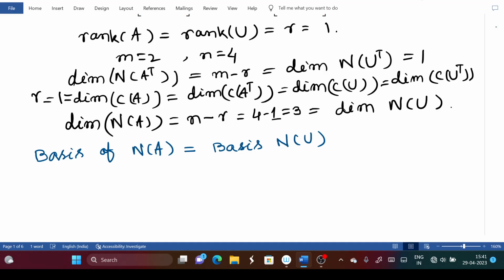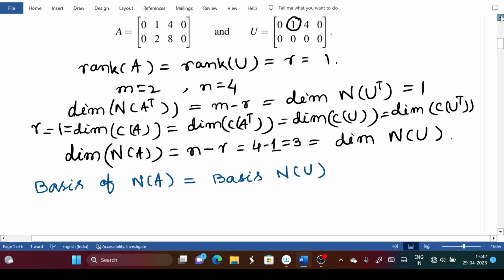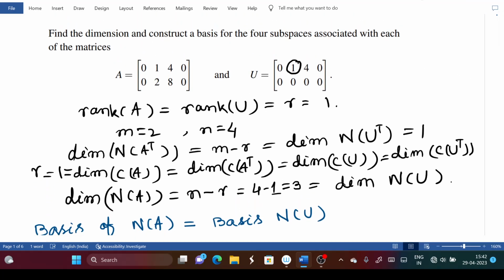What about the equation? The equation is in terms of x1, x2, x3, x4.